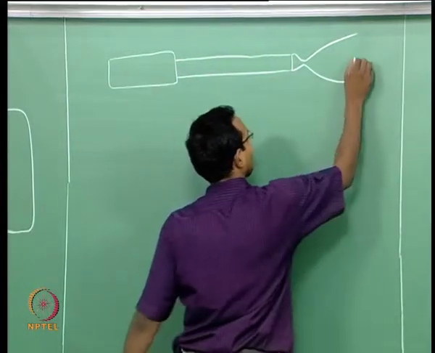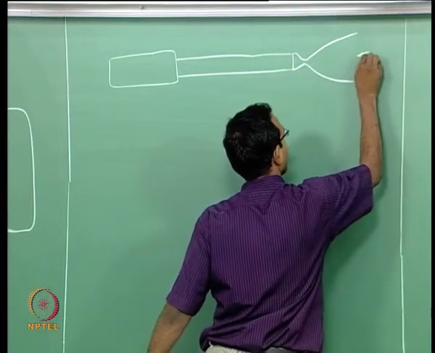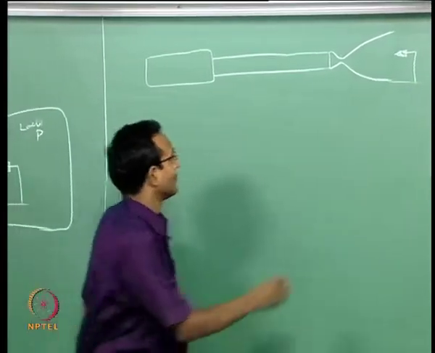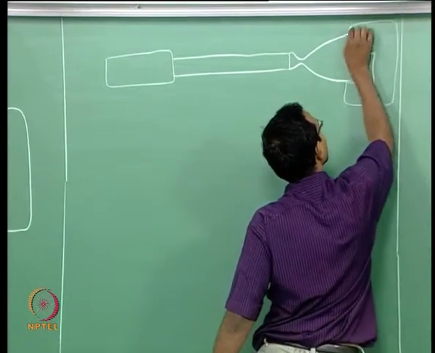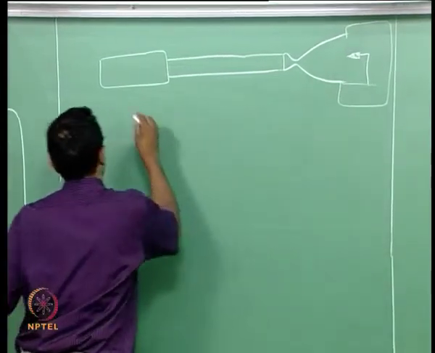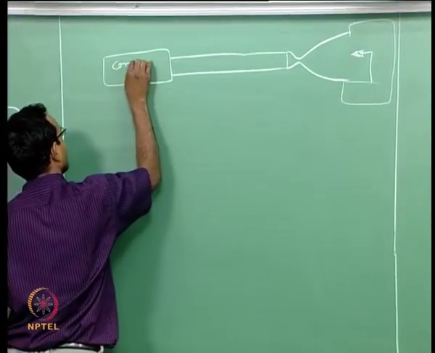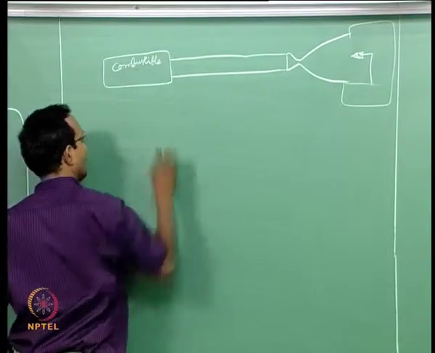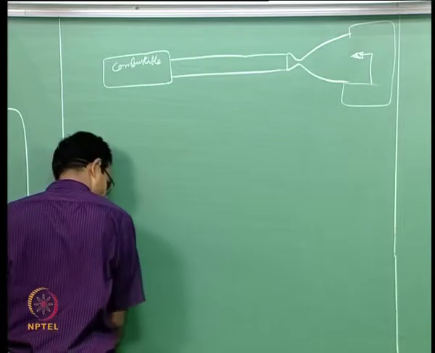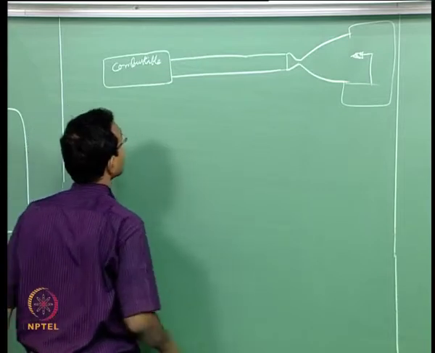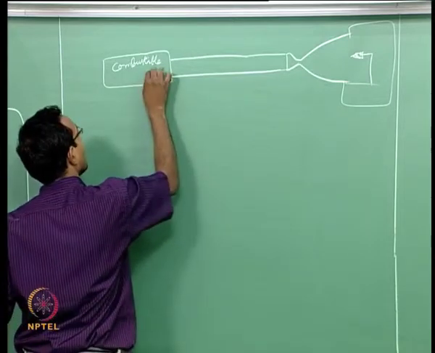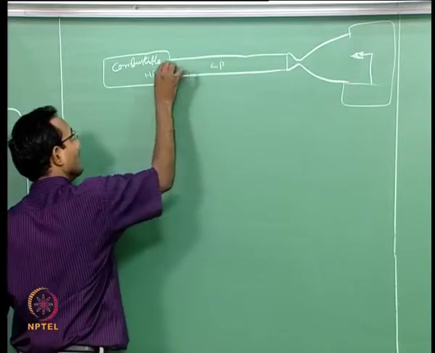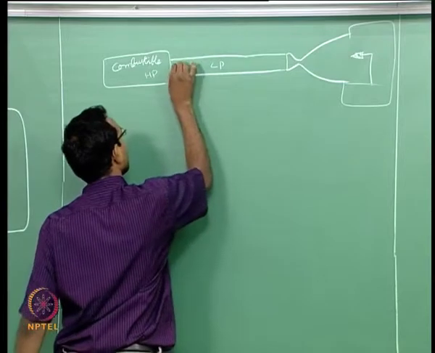If I have a facility like this and I have my model sitting here, of course here it should be in a vacuum tank, and I have a combustible mixture, this is your high pressure chamber, this is your low pressure chamber, like a regular shock tube, first diaphragm, second diaphragm.